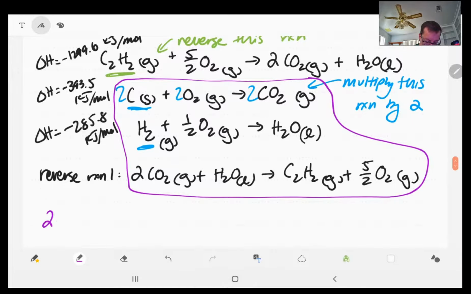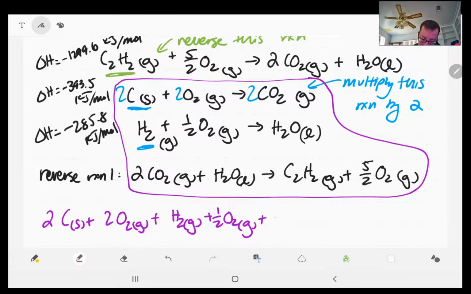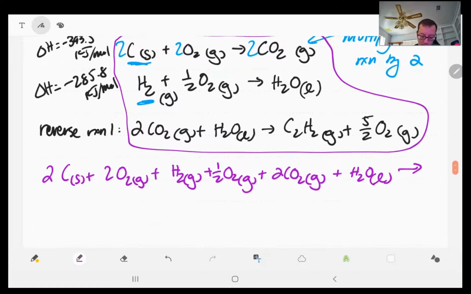So if we add this up, 2 carbon plus 2 O2, I'm going to put all our reactants on one side, plus H2. We have a half oxygen here, plus 2 CO2, plus H2O. So, that's all of our reactants.